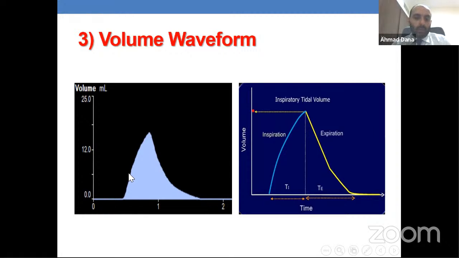This is the way it looks. It will start sharp, then there will be a little bit of slope, then it will go down smoothly, which is usually a passive process. The recoil of the lung and the recoil of the chest allow the expiration.